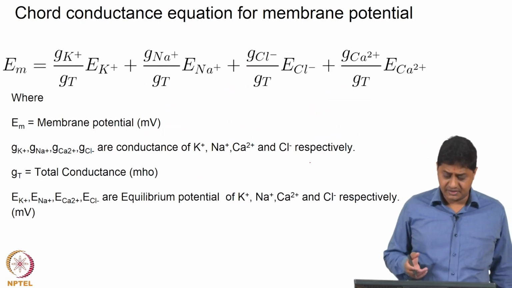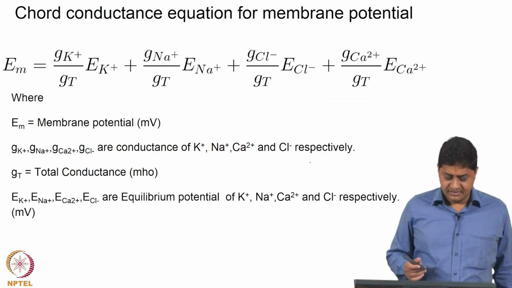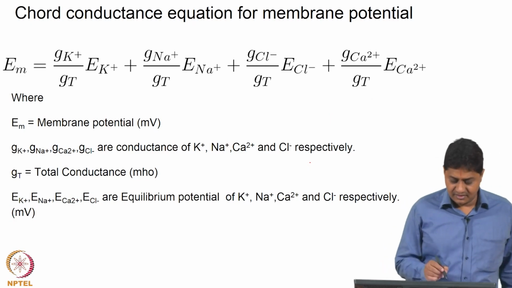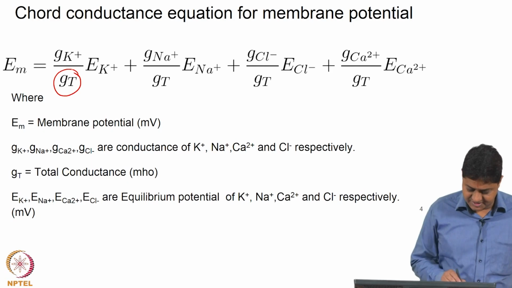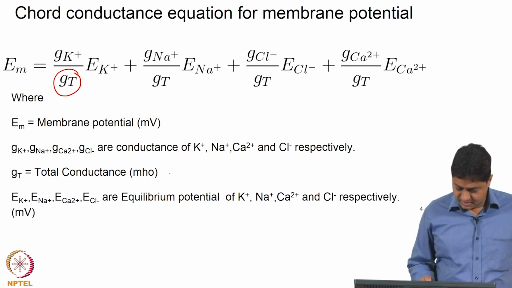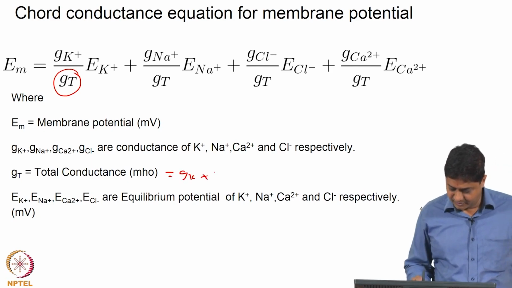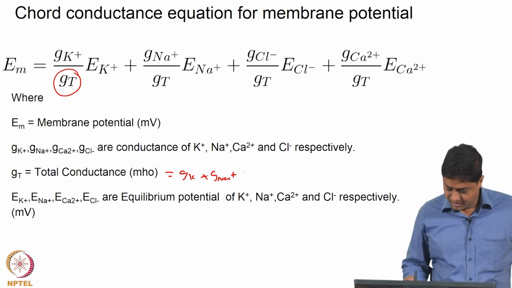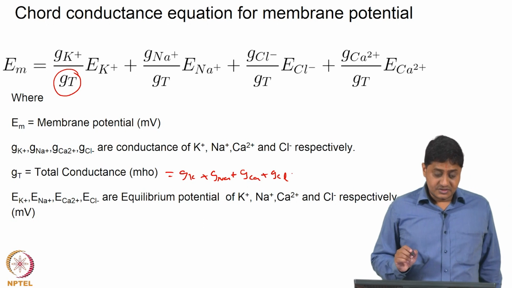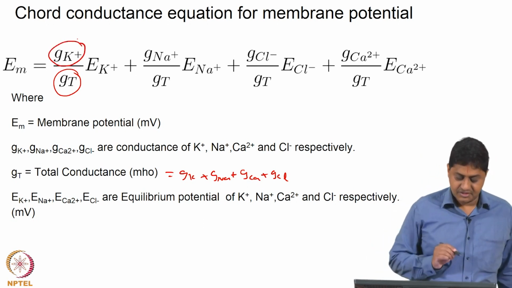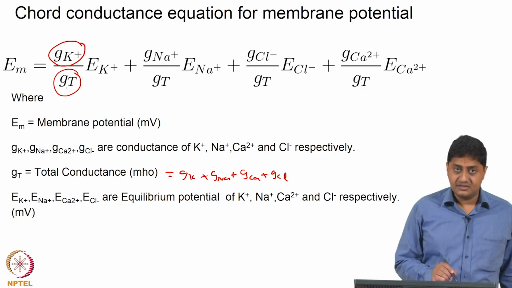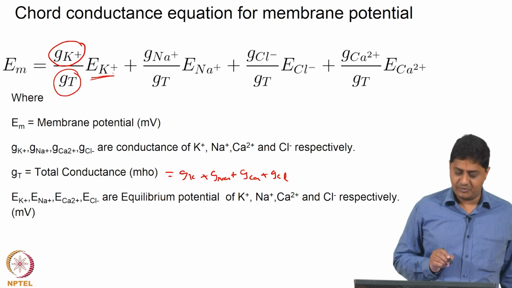This is the chord conductance equation, and we said that the total conductance is basically the sum of the potassium, sodium, calcium and chloride conductances, is it not? To what extent potassium itself contributes to the total conductance is computed, and that weights the potassium equilibrium potential.